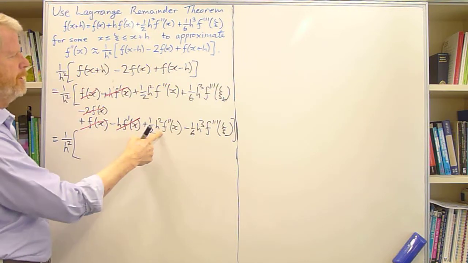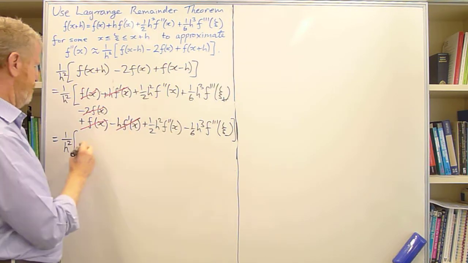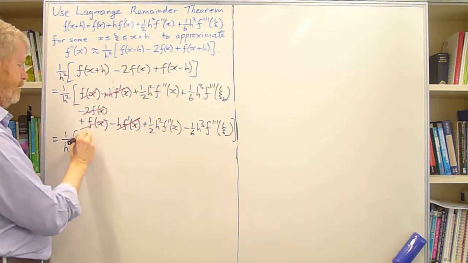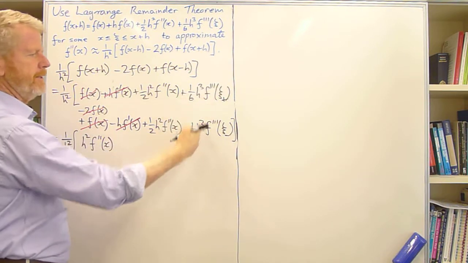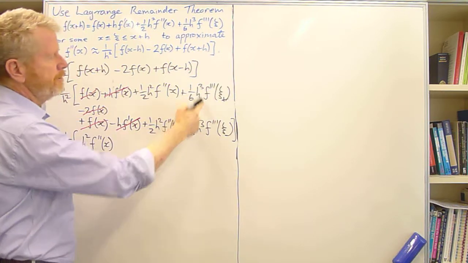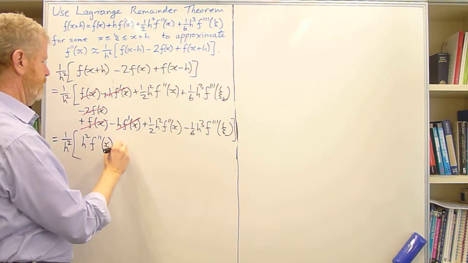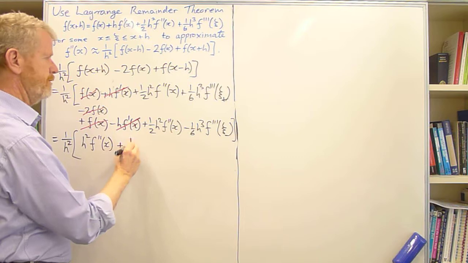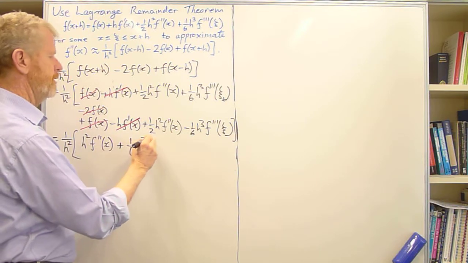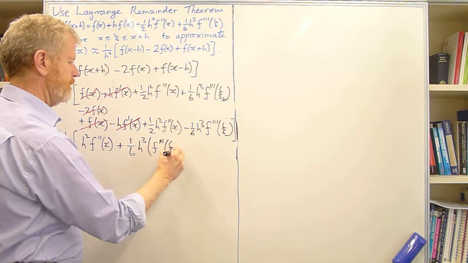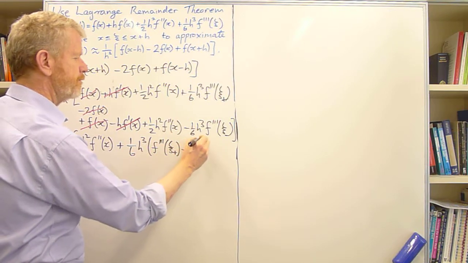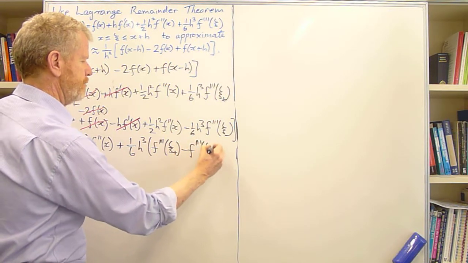We've got 2 half h squared f double dashed, so they add to h squared f double dashed of x. And then there's these two differences of the third derivatives, and that's plus 1/6 h cubed times f triple dashed psi plus, minus f triple dashed psi minus.